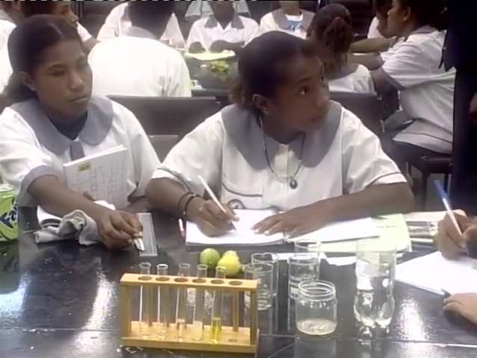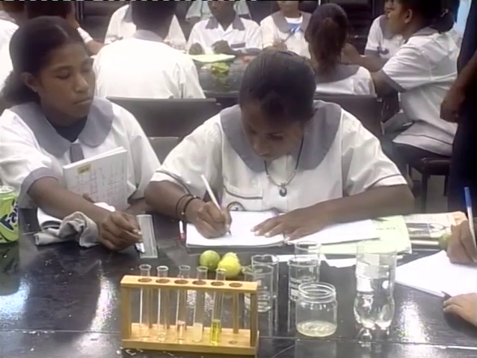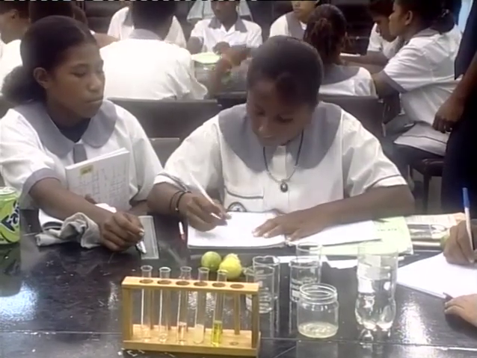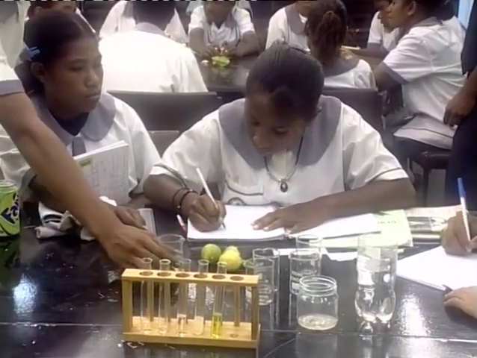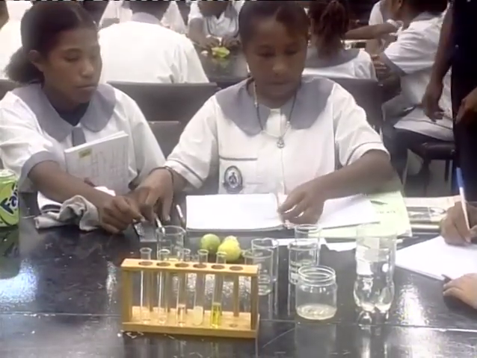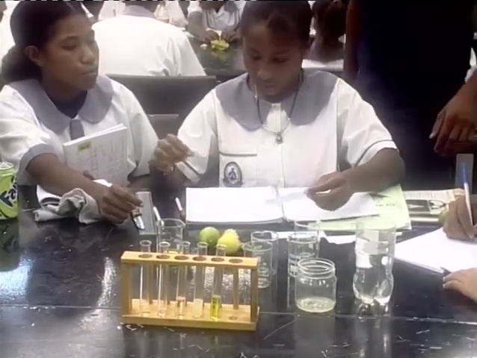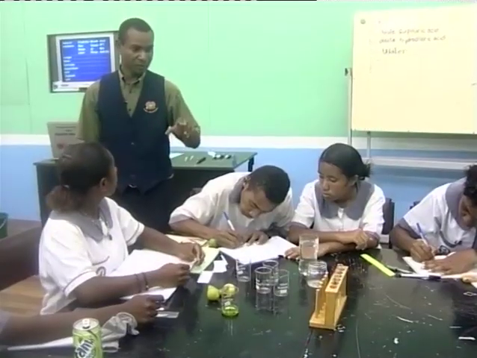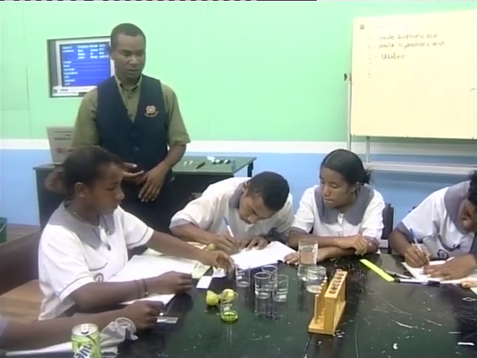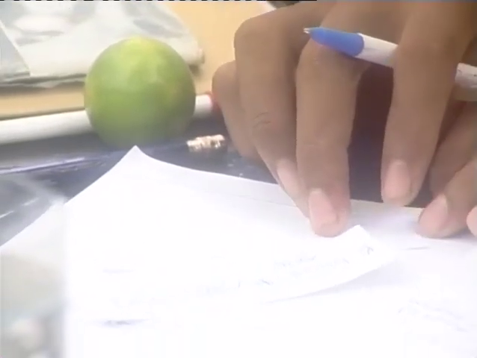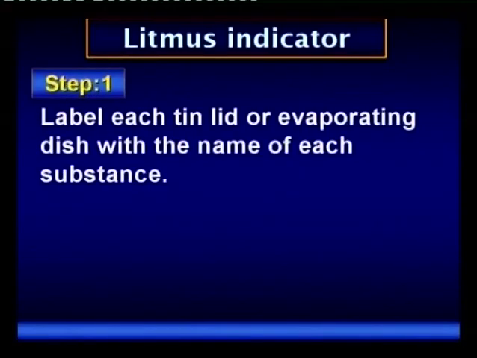Substance A, B, C, D, E. Write the full name. Put it under the paper or beside the beaker. Read your instructions that you will continue. You will begin your activity.